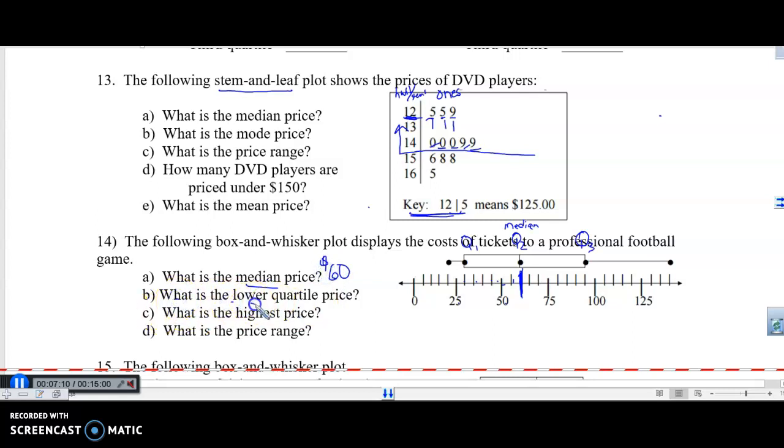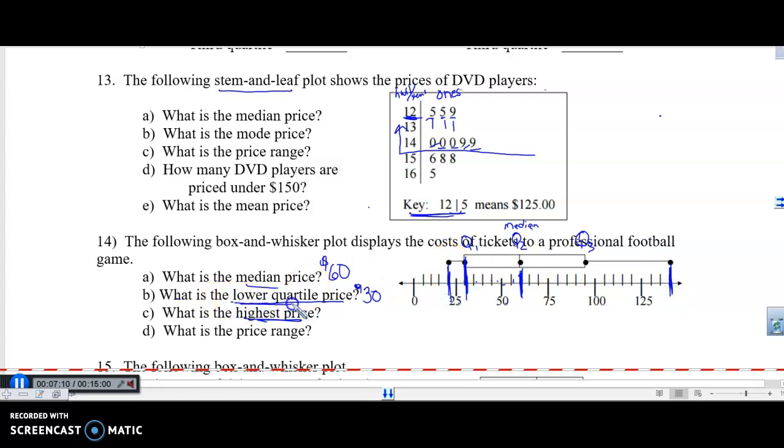And then what is the lower quartile price? Q1 is our lower quartile. Do you see that? So that is $30. Then our highest price, all right, different question. Highest price is here. Lowest price is here.